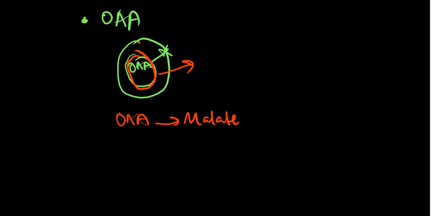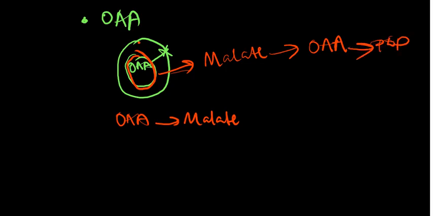So when malate goes out into the cytosol, it has to be reoxidized back to oxaloacetate, and then oxaloacetate will be converted to PEP. Remember that the enzyme is called malate dehydrogenase.